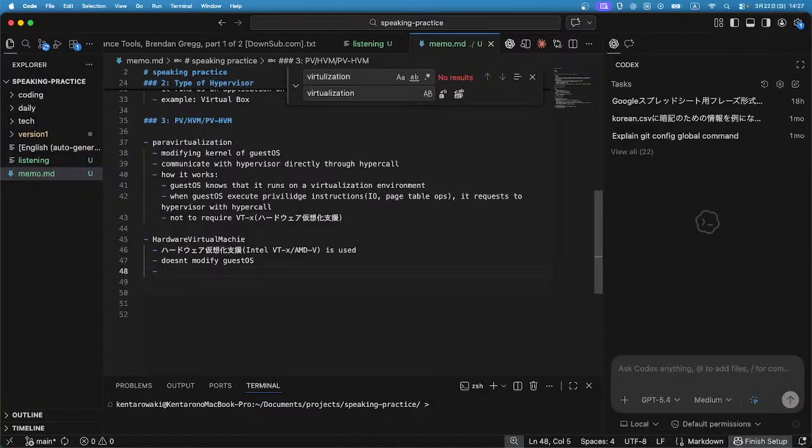Cool. How it works. Guest OS doesn't need to know that it runs on a virtualization environment.